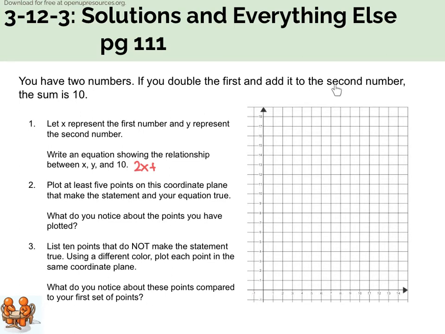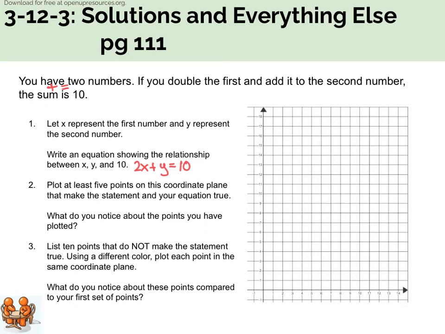We just added it to the second number, which was y, and then all of that is going to, so the sum is the answer to an addition problem. So the sum is 10. So addition of the 2 equals 10. So this is our equation for, we have two numbers. If you double the first number, add it to the second, then the sum equals 10.